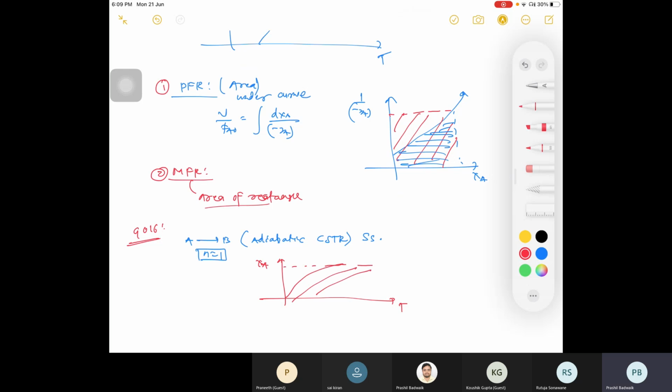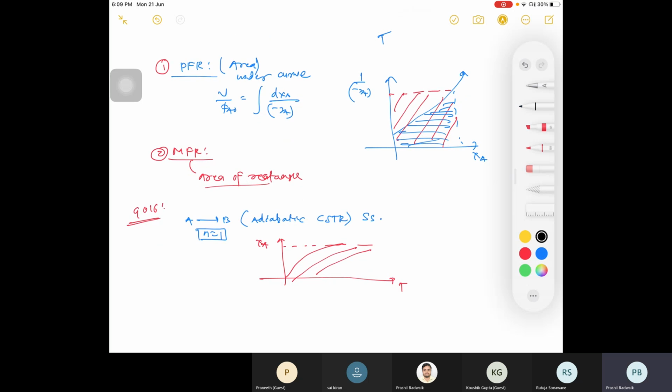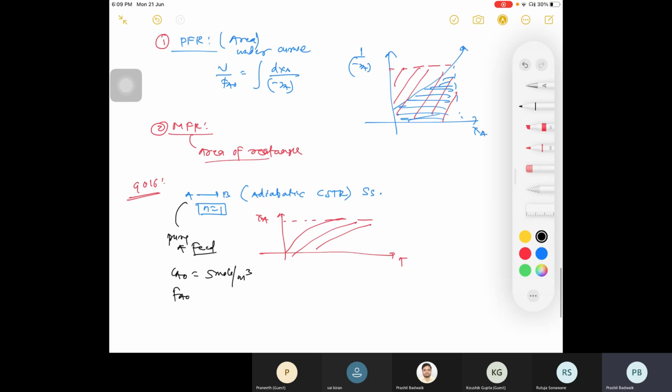Okay, and it is given you have pure A as a feed, Ca naught is equal to 5 moles per meter cube, Fa naught is equal to 100 mole per second, and your conversion is given as 0.8.